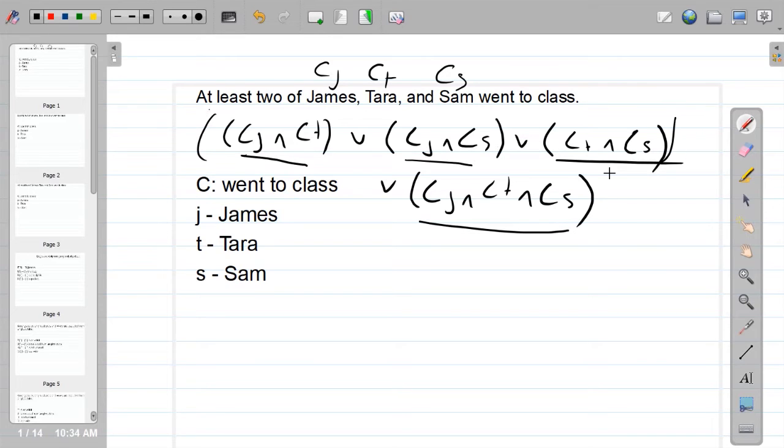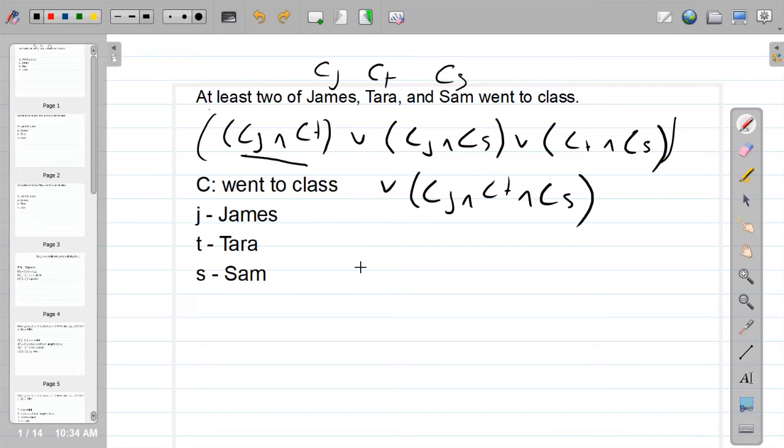Is that good? Yeah. Can we also go at most one of James, Tara, and Sam did not go to class? Okay, so that one I don't think would be the same. So if we're symbolizing at most 1, how do we say that? The exact opposite.